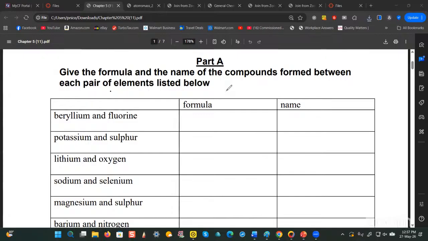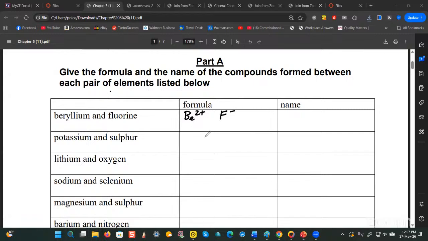So what I would do is look up the formula for the beryllium ion, and I'm going to see that the formula is Be2+. Then I will look up the formula for the fluoride ion, and that would be F-.